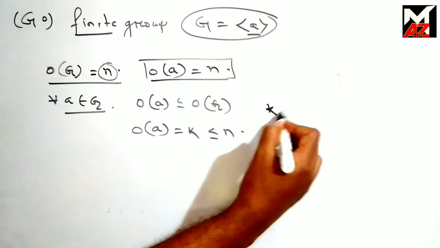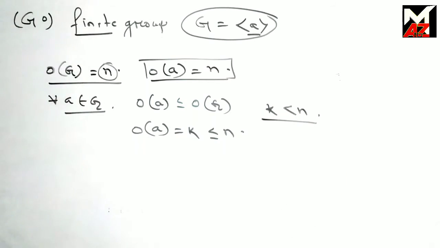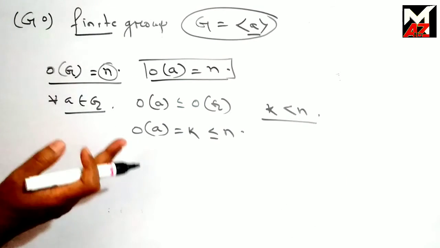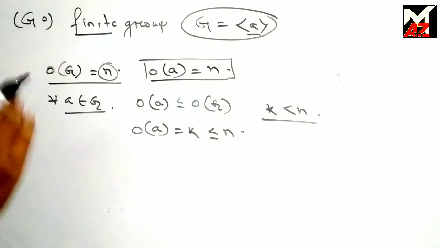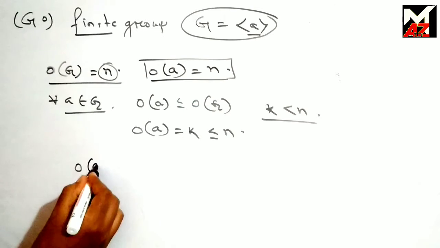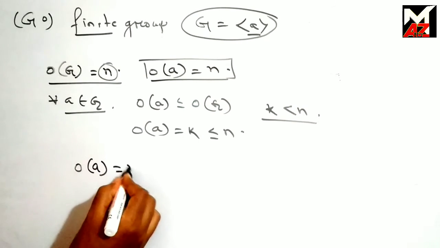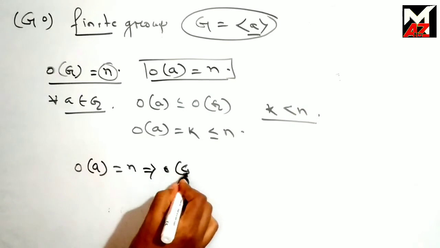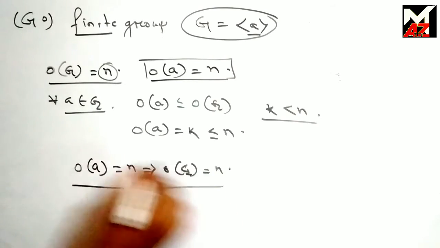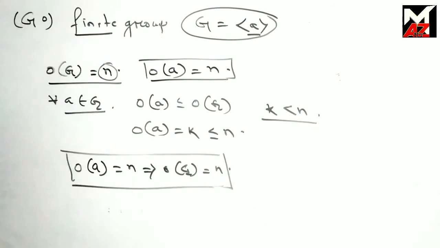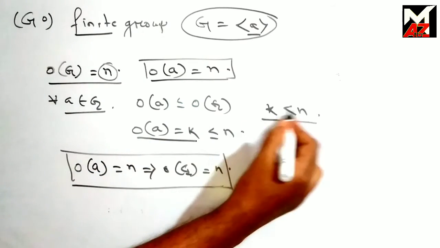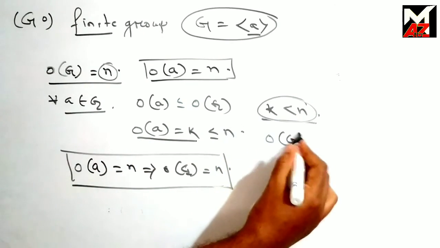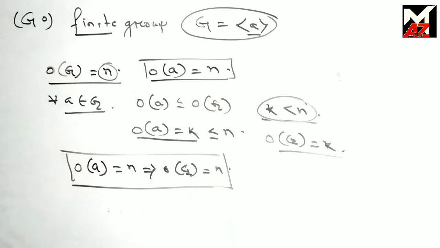If k is strictly less than n, then from the first part we already proved that if the order of A is equal to n, then the order of G is equal to n. Now if we take the order of A as k, which is less than n, then the order of G must also be k.